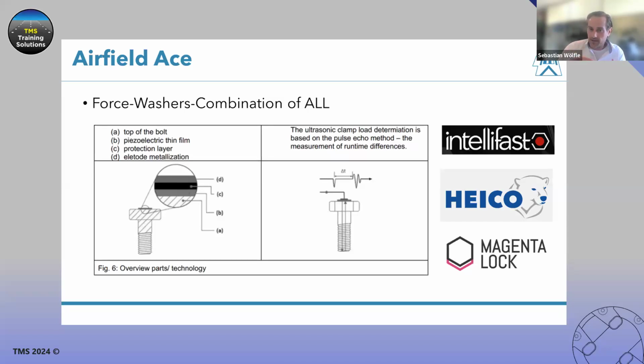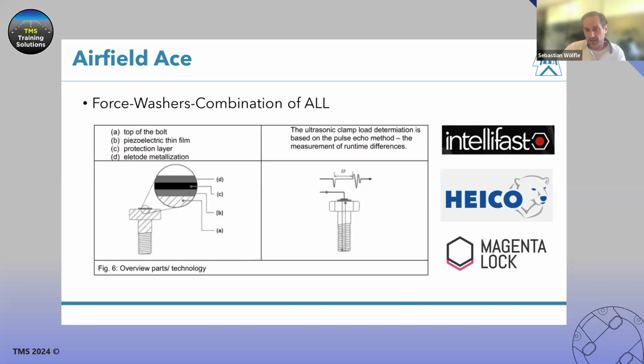Basically, the data matrix code of each and every screw gets the information relaxed, lying on the shop floor of the manufacturer, where the signal gets calibrated. That's the zero runtime. When we then go to the field, the screw connection works like a spring and gets enlarged, and therefore the ultrasonic signal takes longer than initially tested and put into the data matrix code.